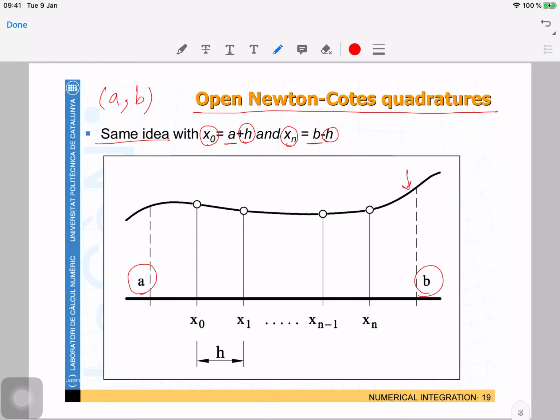For choosing the integration points, we have to go inside the interval. The first point is one step h more than a, and the last point one step less than b. For the rest of the points we do the same, with the equally spaced points that I presented before.